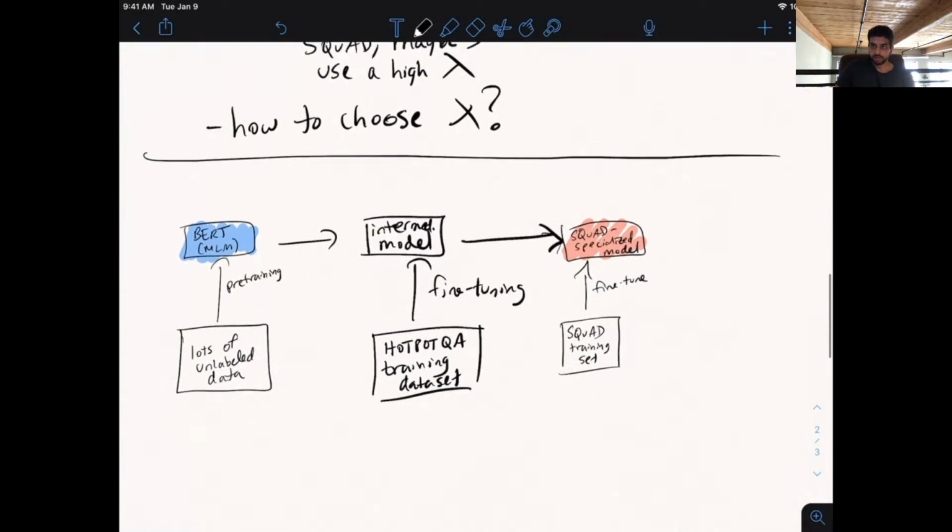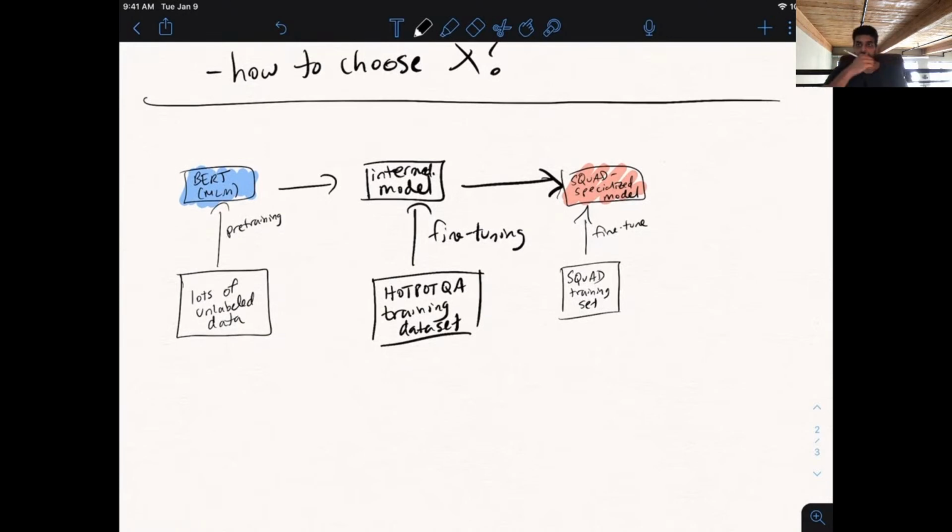Okay, so yeah, we have this intermediate model that we're adding into this pipeline. And as I was saying, this is kind of analogous to having the multitask learning setup, except we are adjusting the lambdas dynamically to have like 100% of the weight on HotpotQA, and then after convergence, we switch to 100% of the weight onto SQuAD.